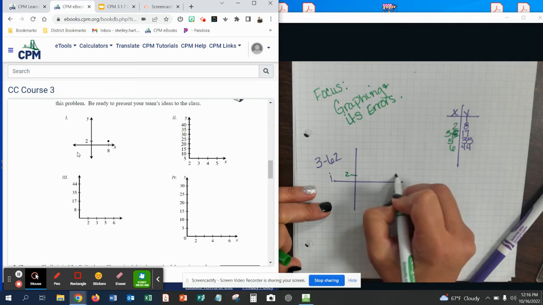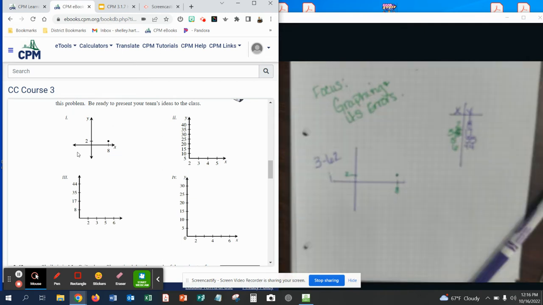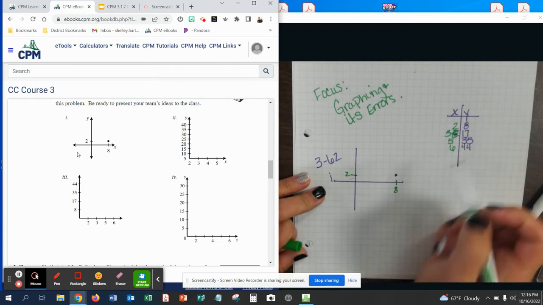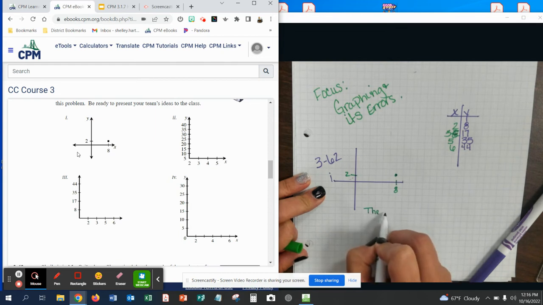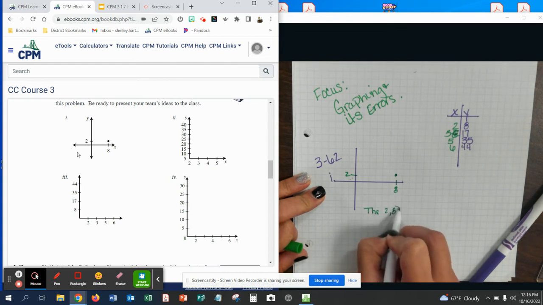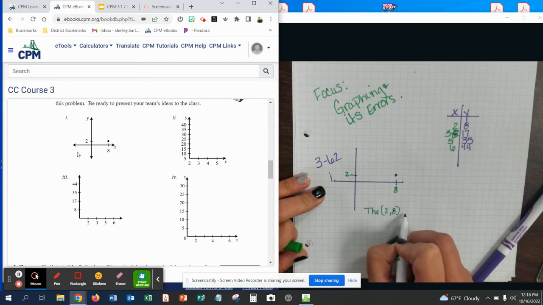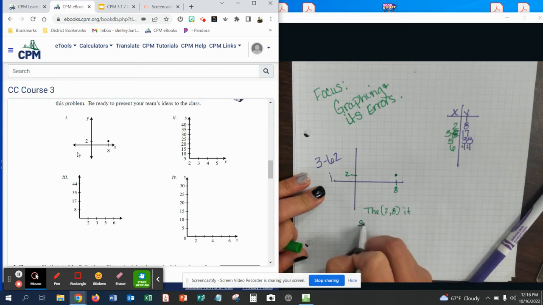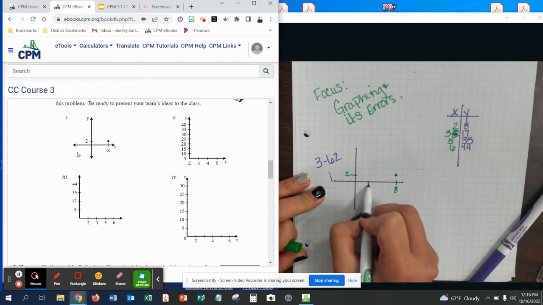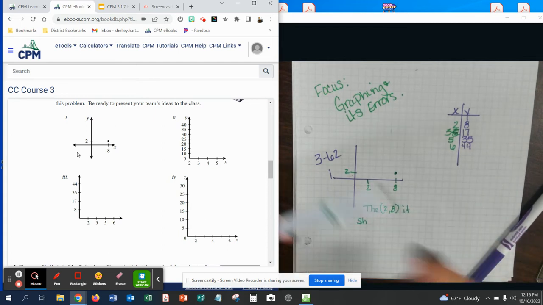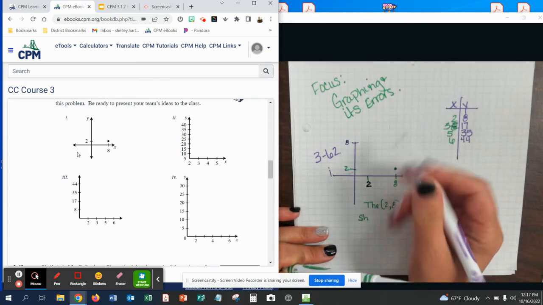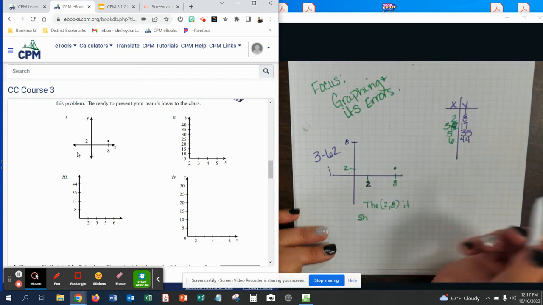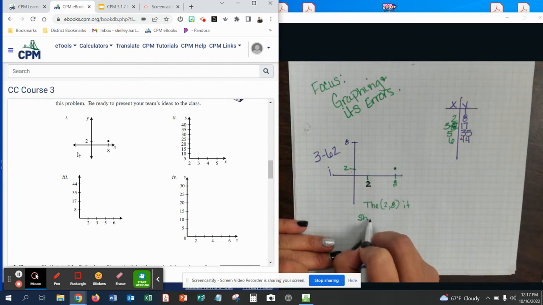If you look at it, the 2 and the 8 is graphed wrong. The 2 should be here and the 8 up here, like this, counting 1, 2, 3, 4, 5, 6, 7, 8. The 2 and the 8 should be the opposite.